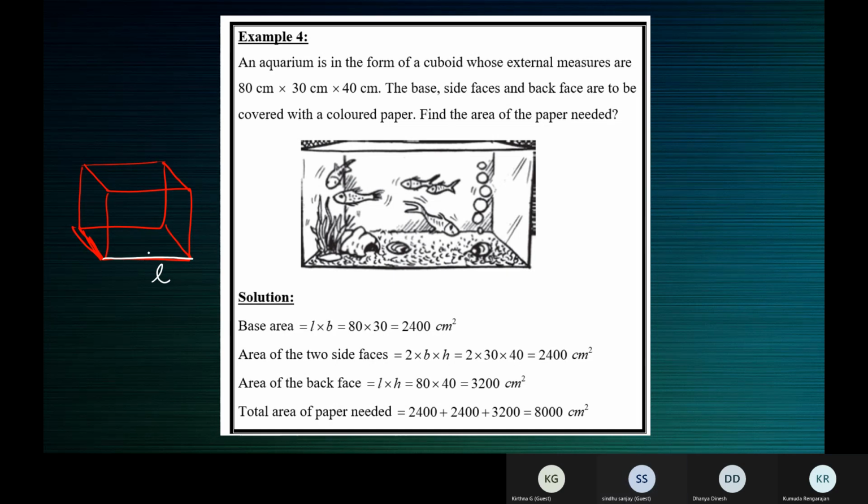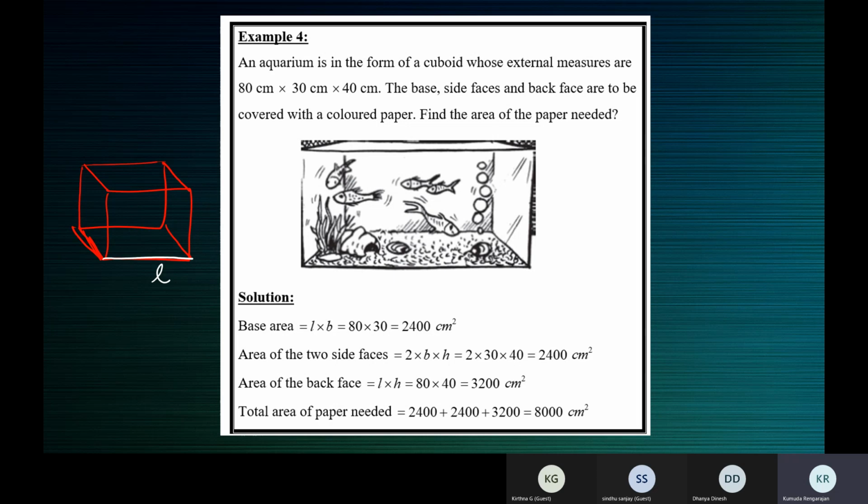What you all know is that a cuboid has 6 rectangular faces. The front face and the back face have the same dimensions. The 2 side faces will have the same dimensions. The top and the bottom face will have the same dimensions.